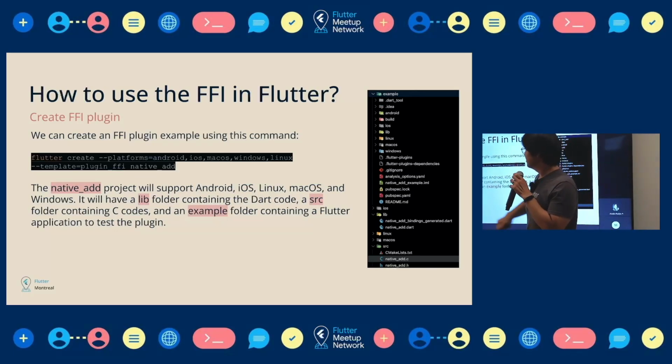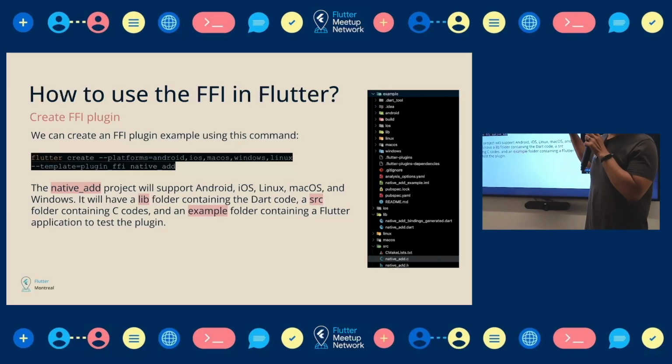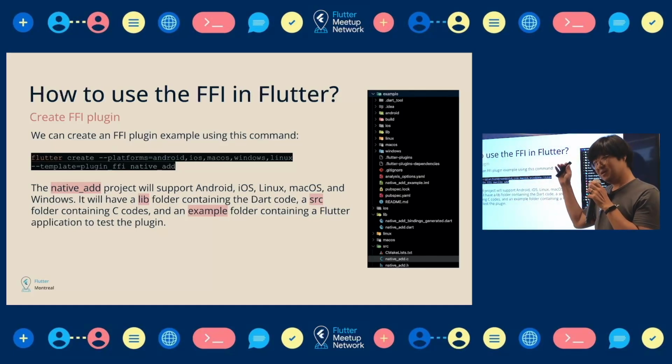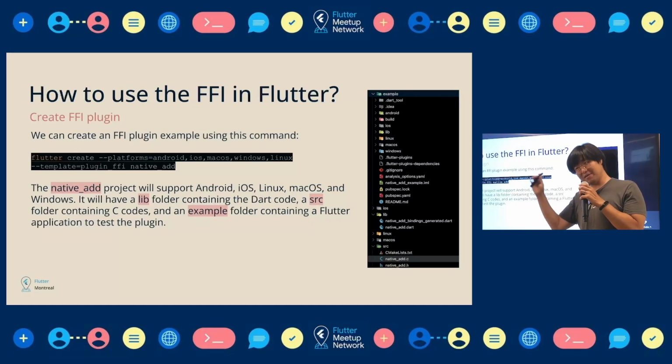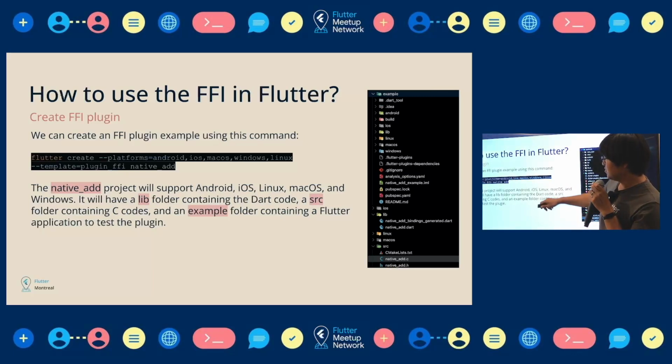I put everything. And then you choose the template plugin_ffi. So they already provide the template, but this one is based on a C application. So you have the C library you're going to build, and then you're going to load it from your Flutter application.